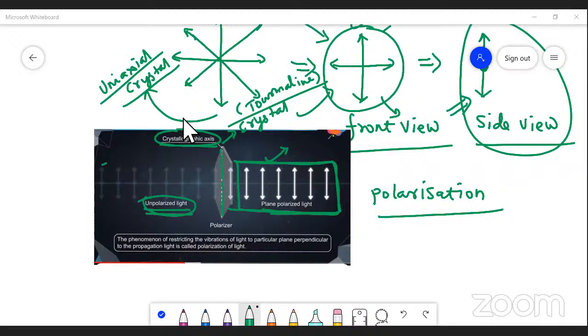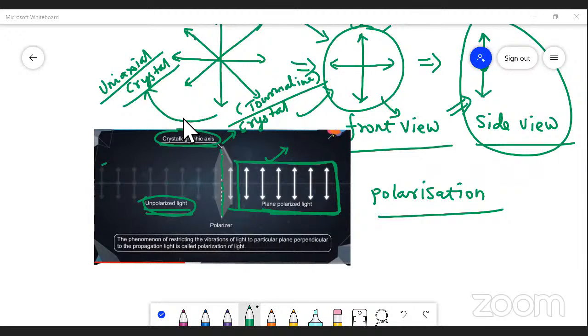Tell me, what is the phenomenon of restricting the vibrations of light into a particular plane perpendicular to the propagation of light?